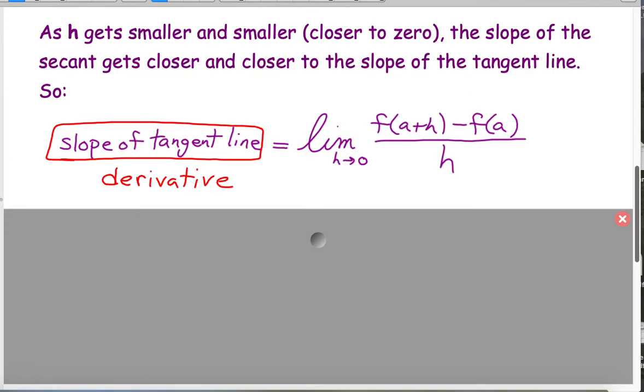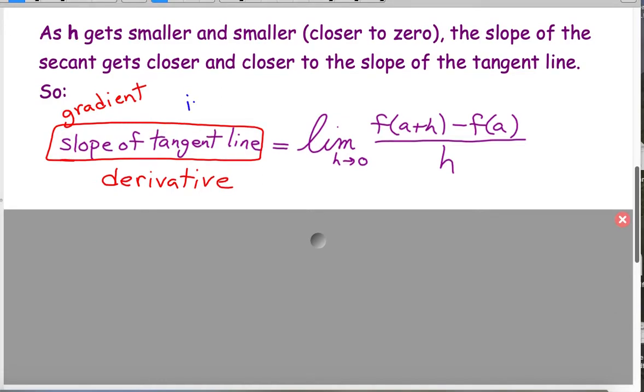A derivative is the slope of the tangent line, or sometimes in IB they use the term gradient instead of slope. So the slope or gradient of a tangent line is the derivative of the function, which is the instantaneous rate of change. So all these terms mean the same thing.